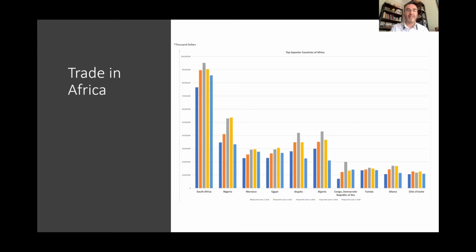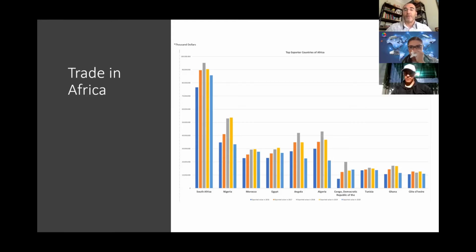Hello, everyone. Before I talk about some specific sectors, which have been rapidly increasing in the African region in the last years, I will just summarize the top exporter countries of the Africa region. For many years, when we consider trade databases, we see these 10 countries in the top list.